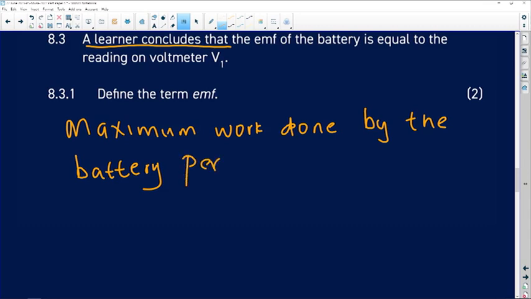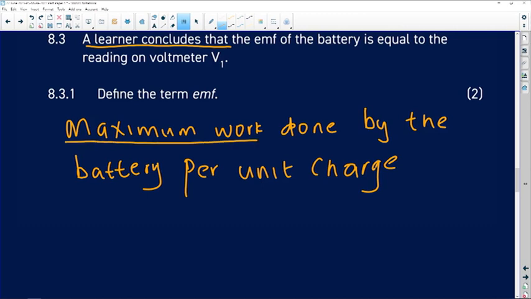So you must say per unit charge. That's how I define EMF: the maximum work done by the battery per unit charge. So we're looking for maximum work and per unit charge. That is what we call EMF. All right.